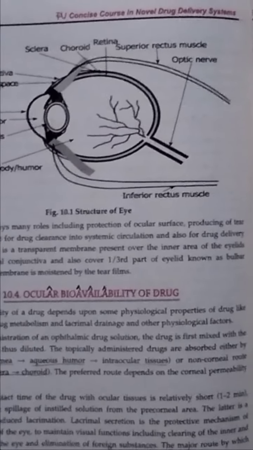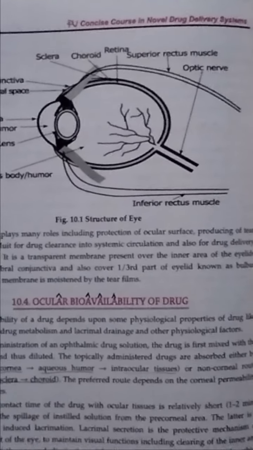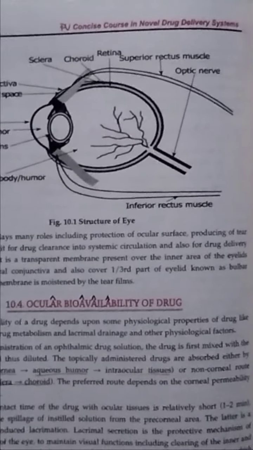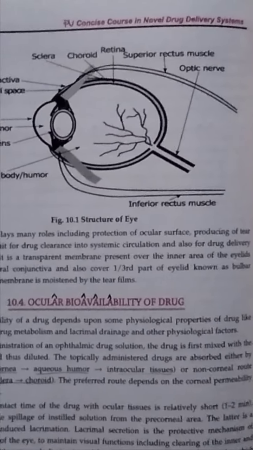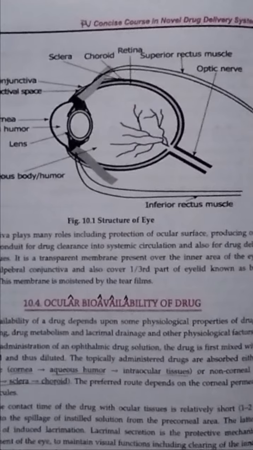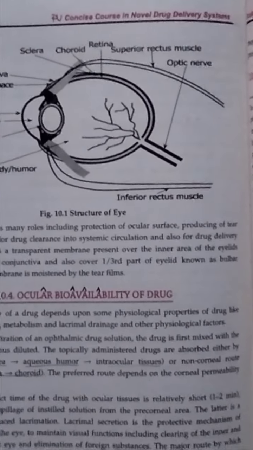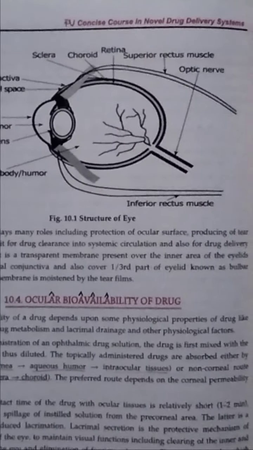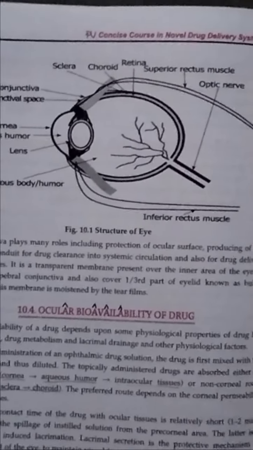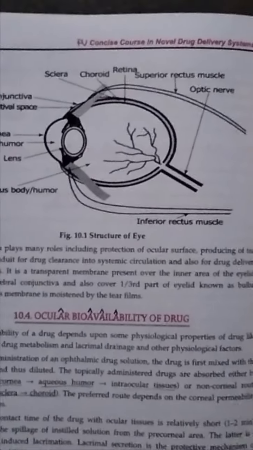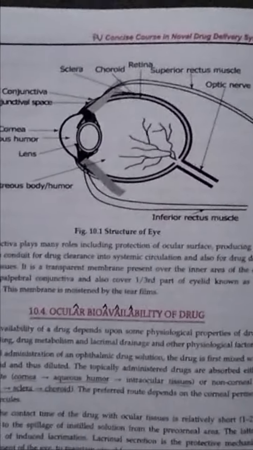The conjunctiva is a transparent membrane present over the inner area of the eyelids, known as the palpebral conjunctiva, and over part of the eyeball, known as the bulbar conjunctiva.